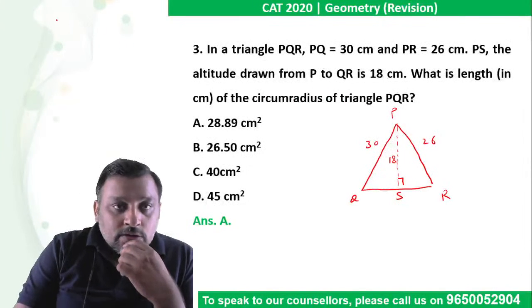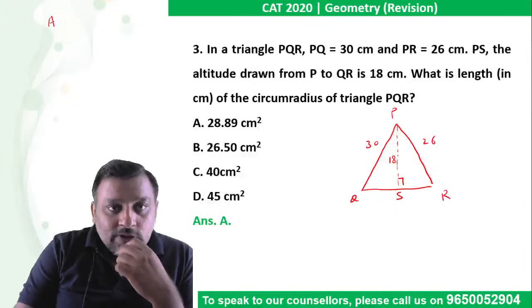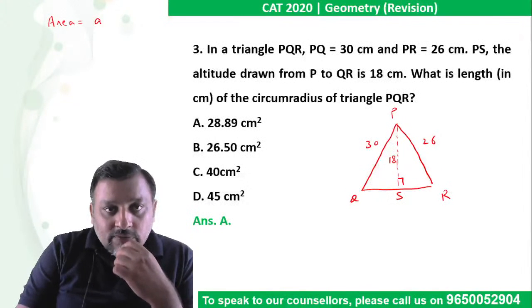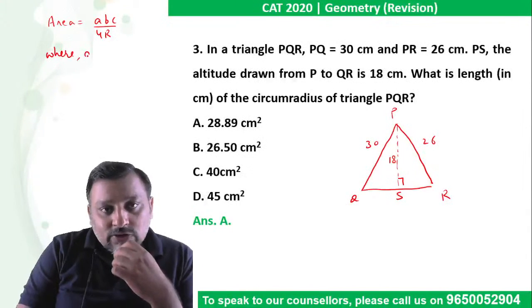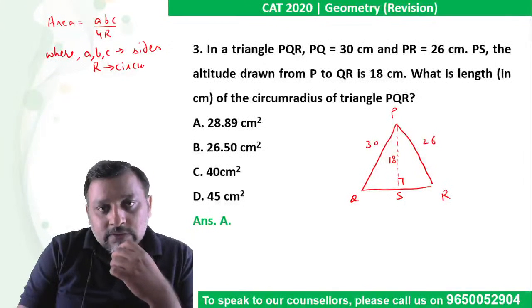So we know the area of the triangle is also given by ABC by 4R, where A, B and C are the sides of the triangle, and capital R is the circumradius.